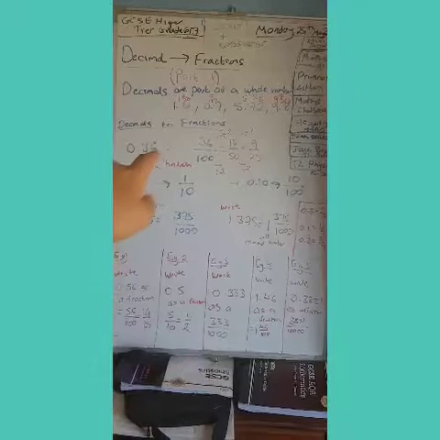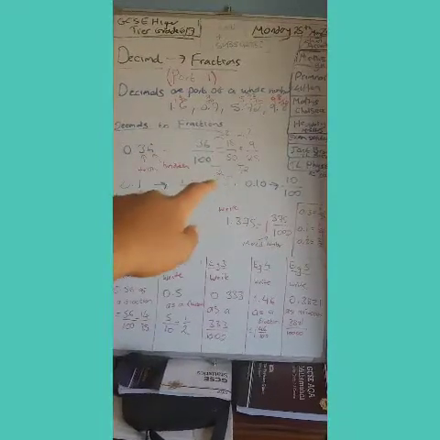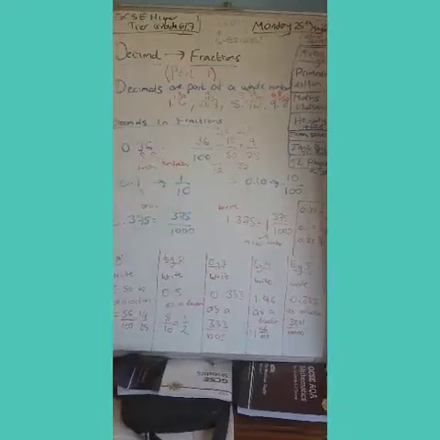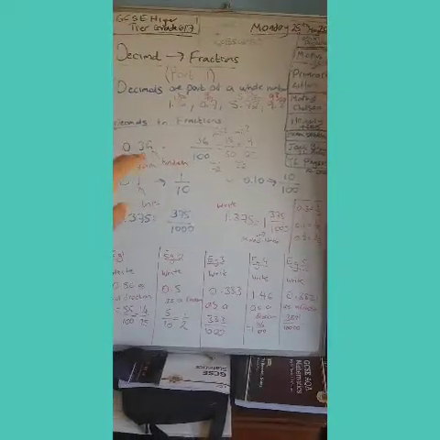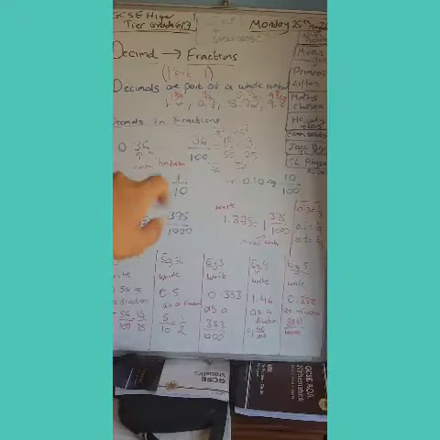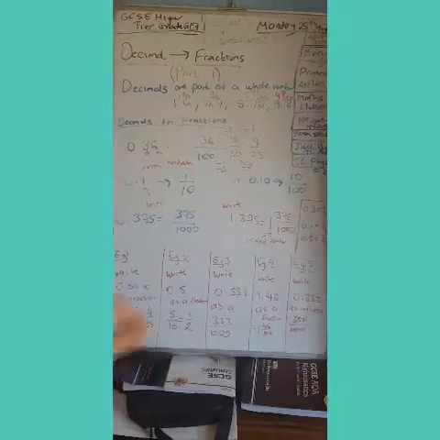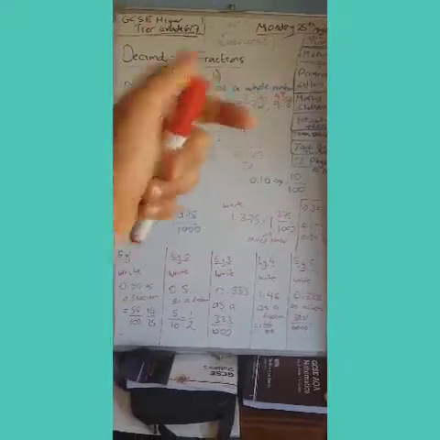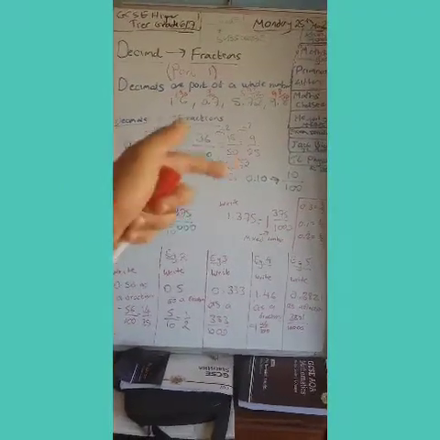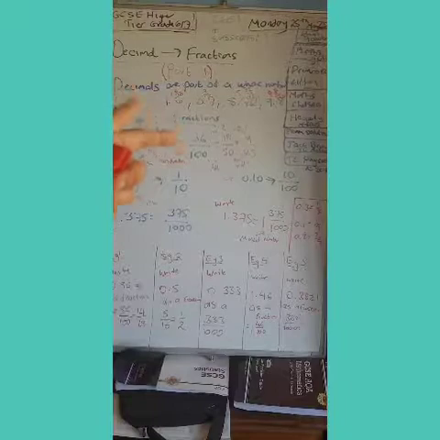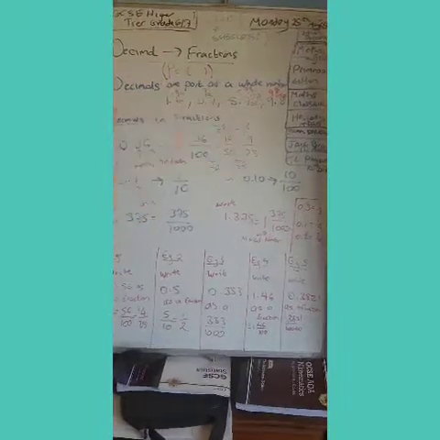If I had a 3 after, then it would be over 1,000, and so on. So it's 36 over 100, which can be simplified to 9 over 25, because 4 is the highest common factor between 36 and 100.